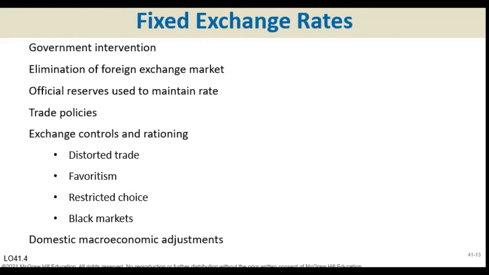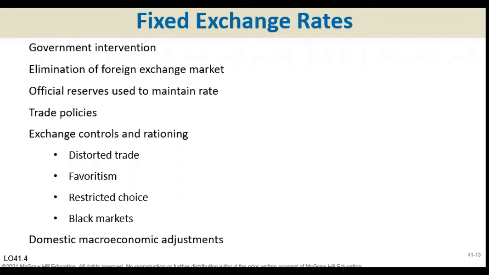So if the rate is fixed, a shift in the demand or supply of the currency will create a disequilibrium in the market. So the shift will threaten the system.